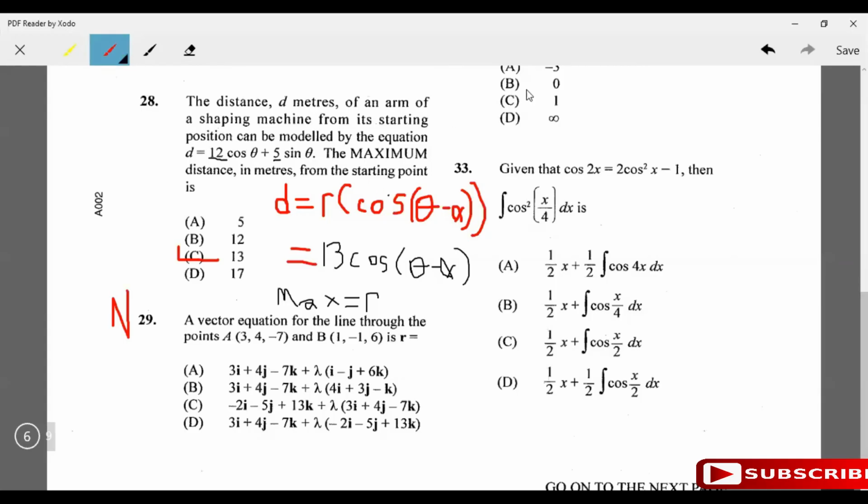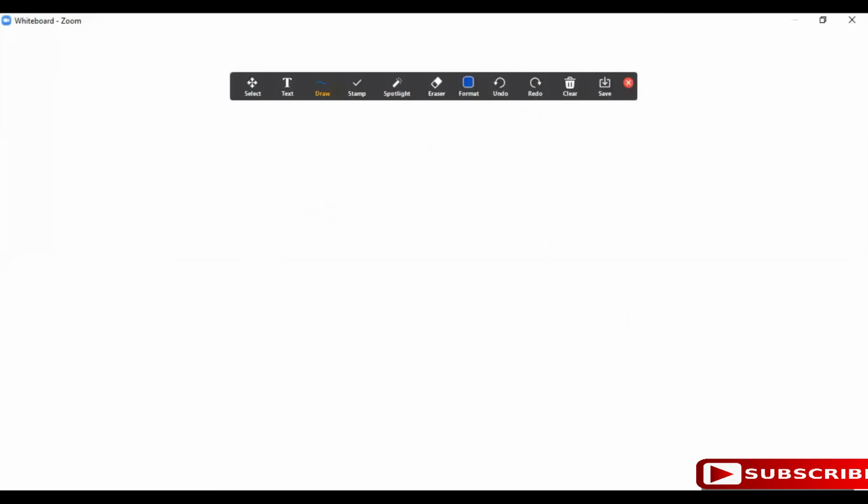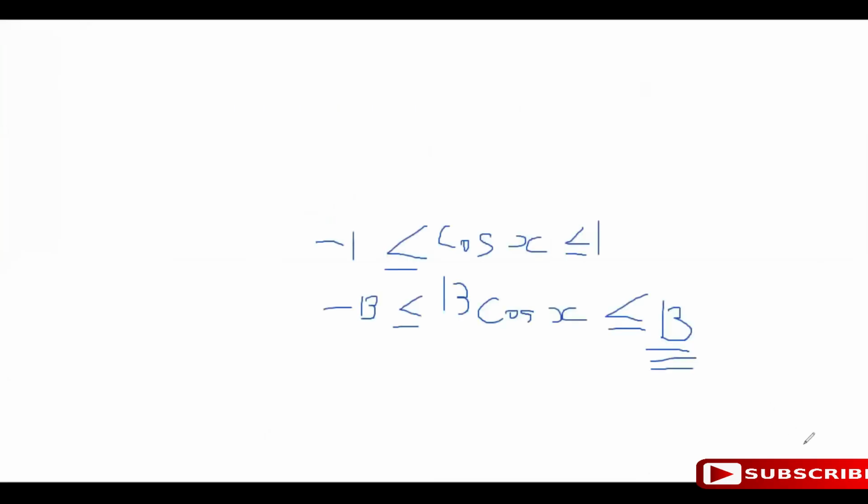So how do we find the vector equation? Any vector equation R is equal to A plus T times B.